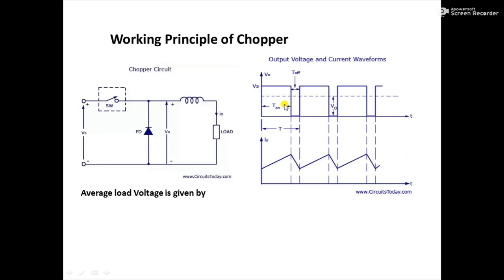At the output voltage, you can see DC pulses here, whereas we want a constant DC output voltage. So for that, the average of load voltage is taken.